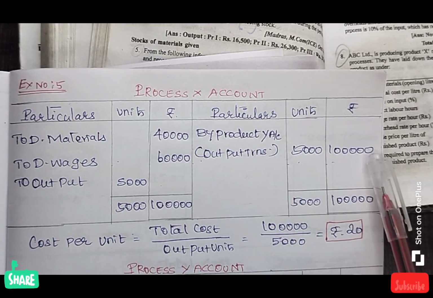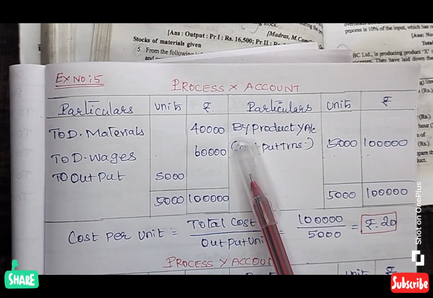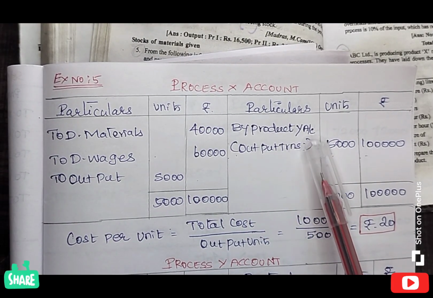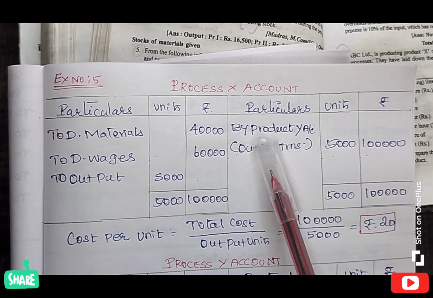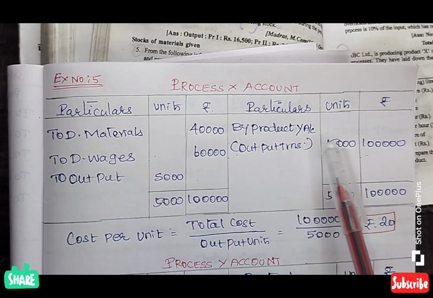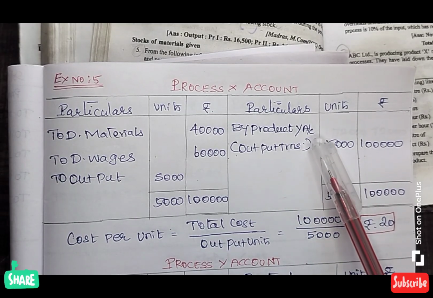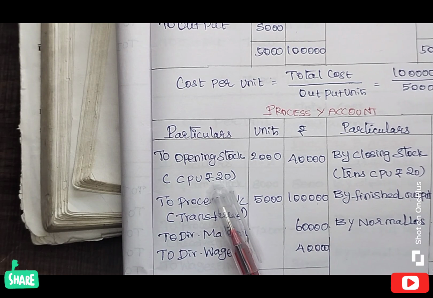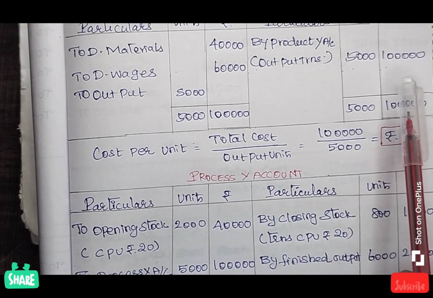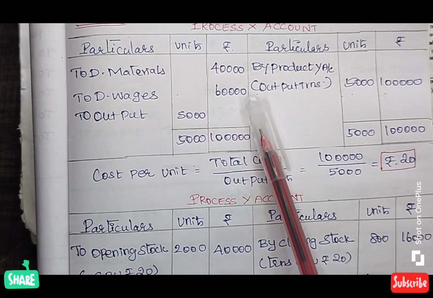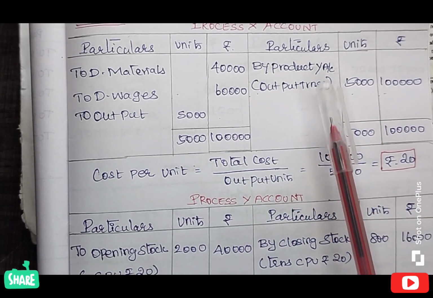Against this value you are going to write by process Y account. Why? Because these two values are taken from here and transferred to the next process as the input. So for that you are going to write by process Y account. Within the bracket you should write output unit transferred.